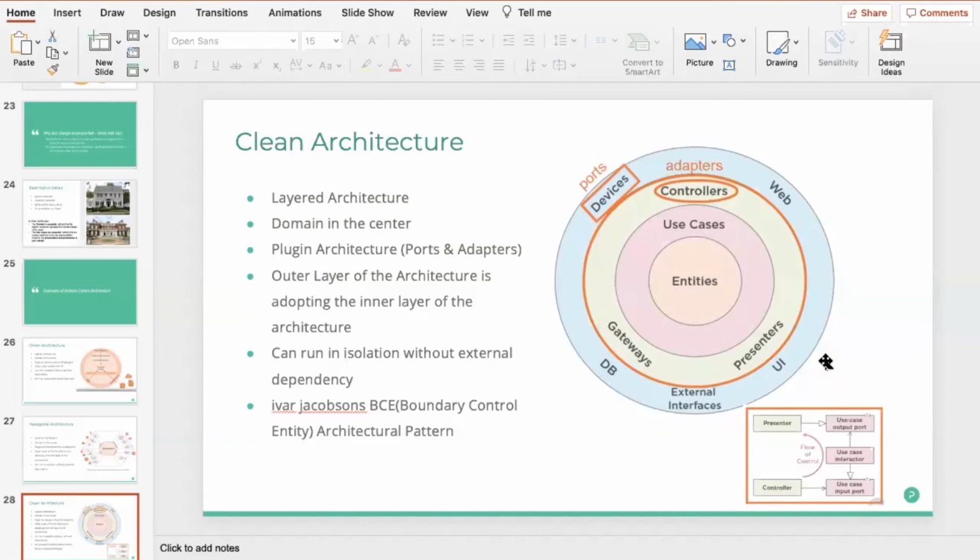Now, additionally, it also talks about the BCE, boundary control entity architectural pattern. I'm not going to cover this particular aspect in detail here, but what the BC pattern talks about is what your controller layer is, what your entities are, what your boundaries are, basically. How they all are wired up.